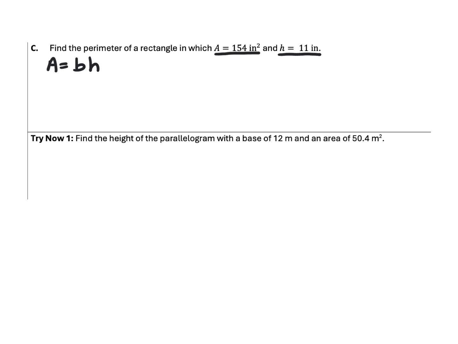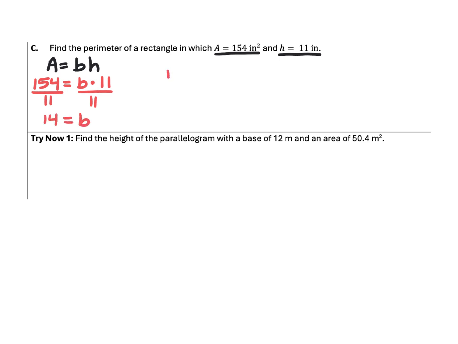So this time we know the area is 154, and we don't know the base, but we know the height. The height is 11 inches. And now if we just divide by 11 on each side, 154 divided by 11 is 14.